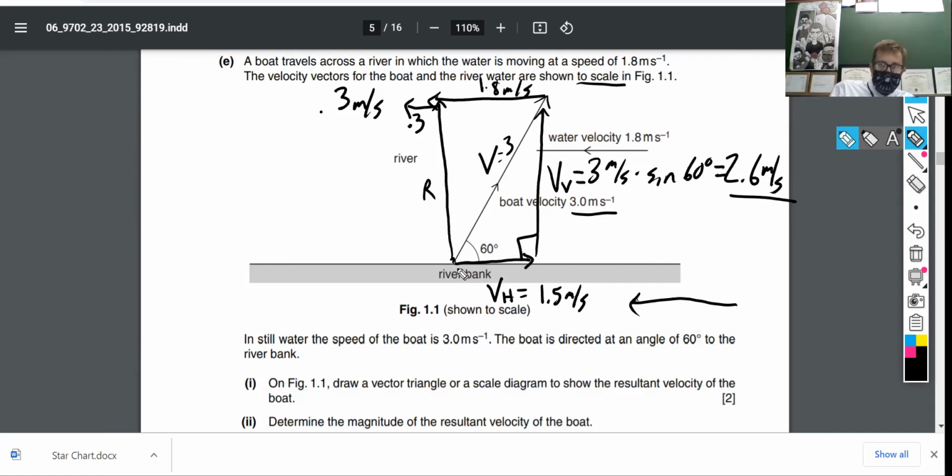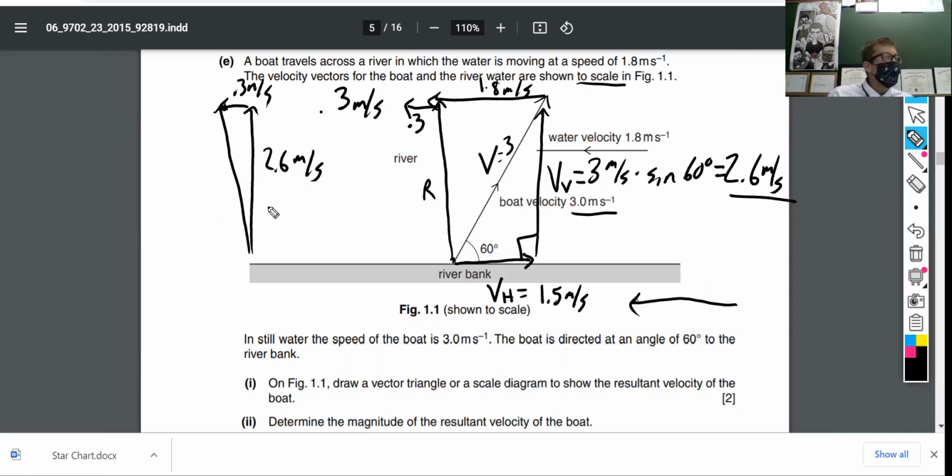So what I can do is realize, here's my resultant. It's some vector that kind of points a little bit to the left, right? It's like 0.3 to the left, and it was 2.6 meters per second up. Okay. So now I should be able to calculate the magnitude of the resultant velocity of the boat.